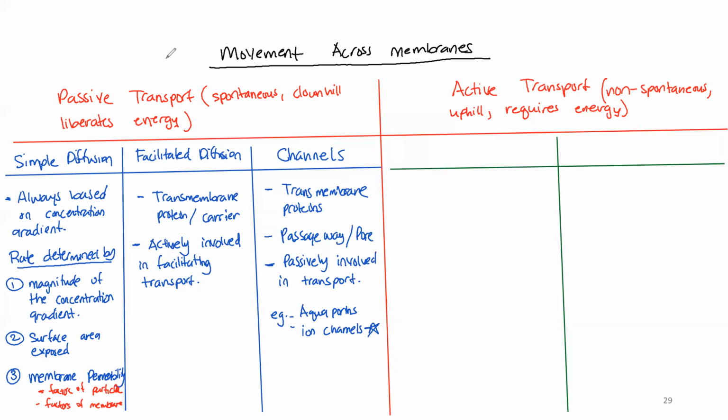Moving on to active transport. Active transport has two main types: primary and secondary. The main difference was where the energy required for active transport comes from. In primary active transport, that energy is coming from the hydrolysis of ATP.